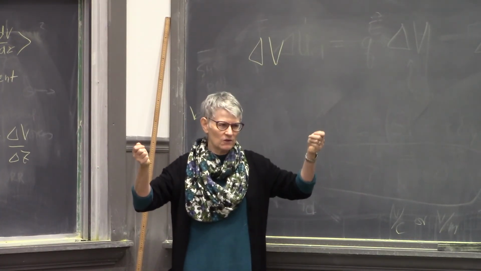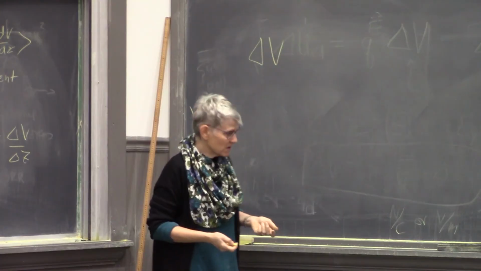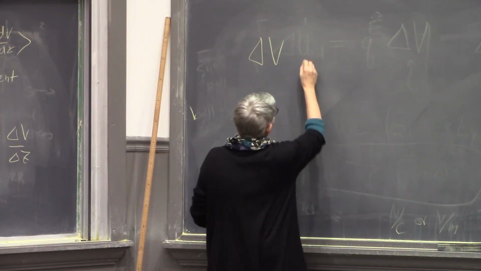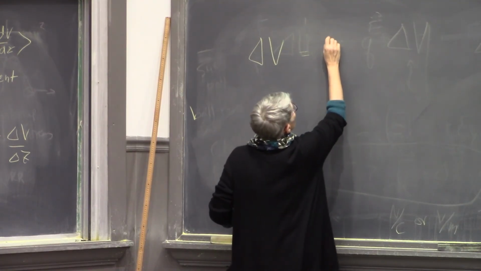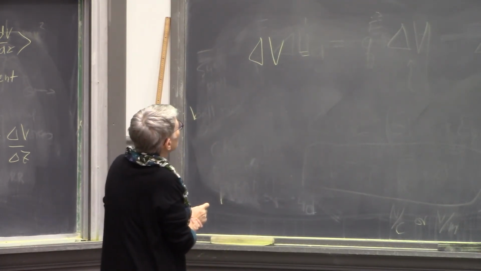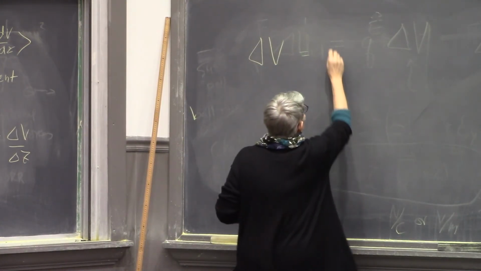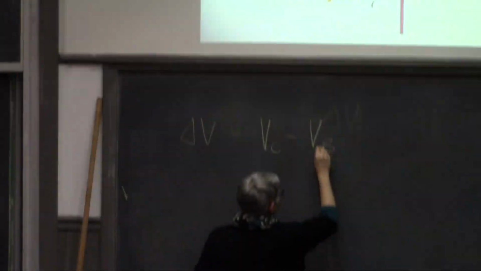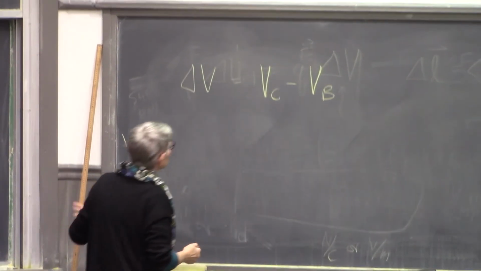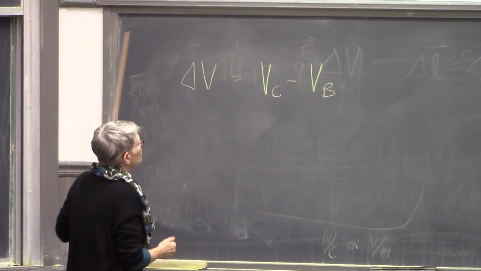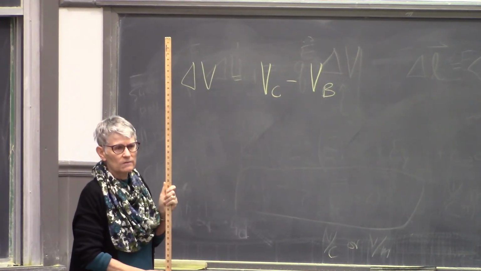You need an initial and final location. If we say we're taking a path from C to B, we would write this V sub C minus V sub B. So it's final minus initial, right?